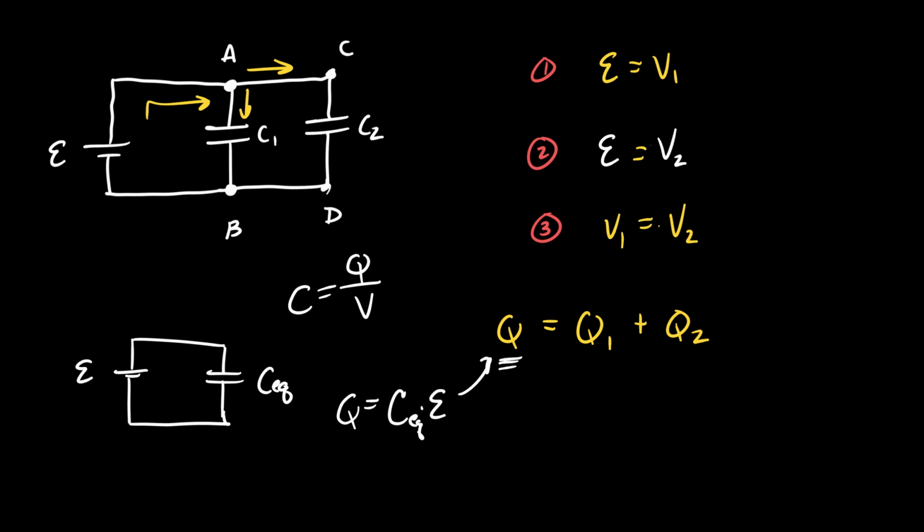Knowing that Q1 is what settles on capacitor 1 and Q2 is what settles on capacitor 2, we can make a similar relationship. I think we can probably all agree that V1 is going to have to be Q1 over C1.